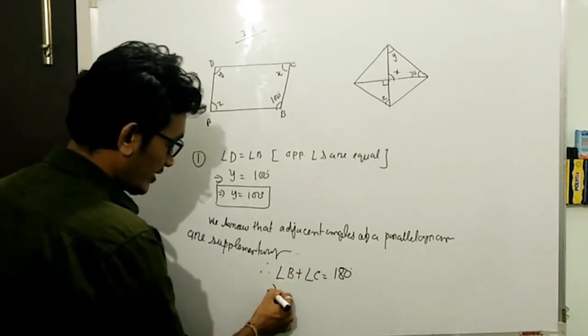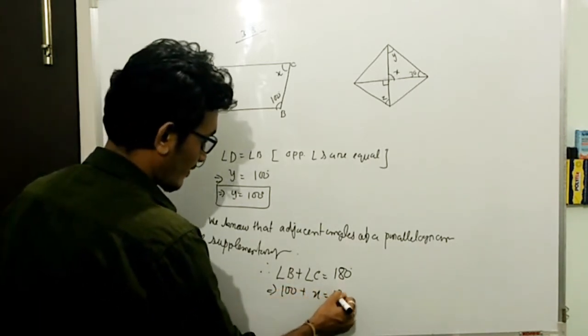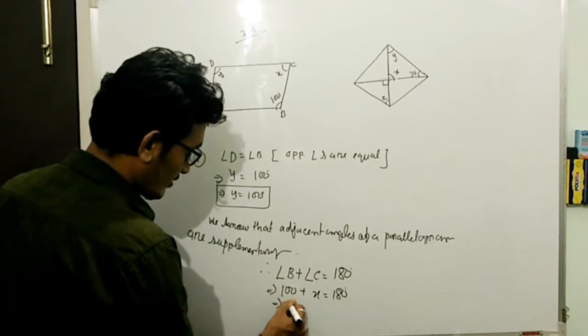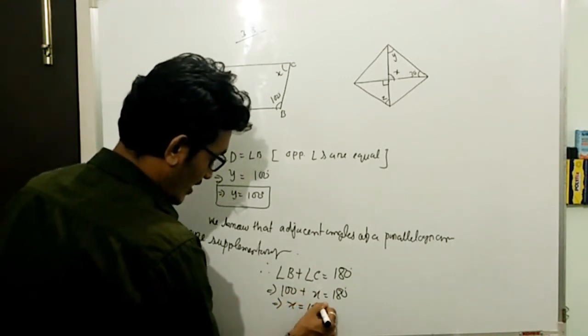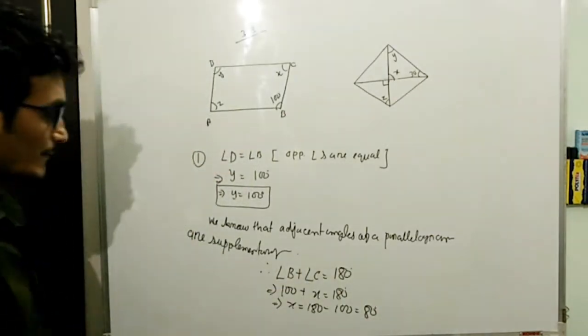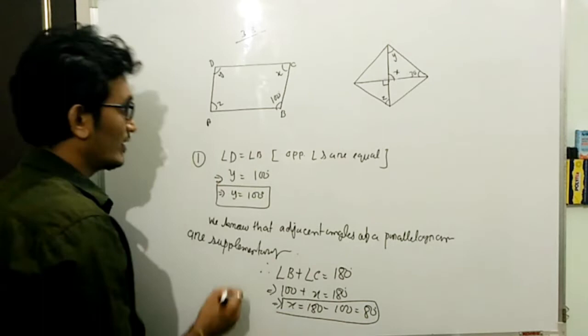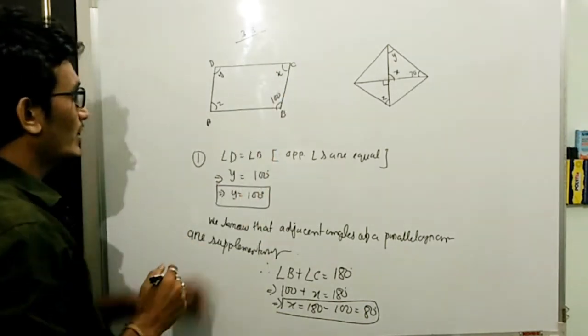B is 100, C is X. So X equals 180 minus 100, equals 80 degree. So the value of X is 80 degree.